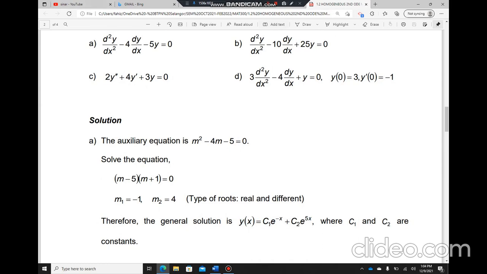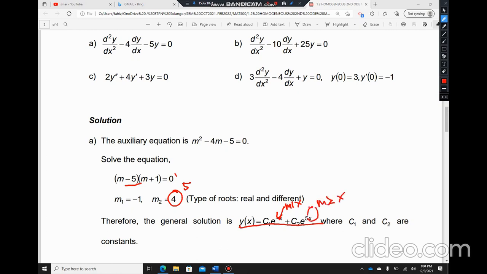Silap sikit kat sini, nilai kat sini adalah 5. Dia typing error tu. Okay, so this is your general solution. Yang ni sebab kita ganti dengan m1 x, yang ni m2 x. So m1 is negative 1 and m2 is 5.